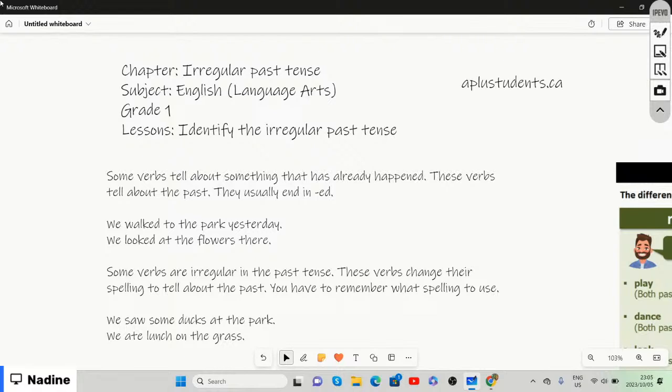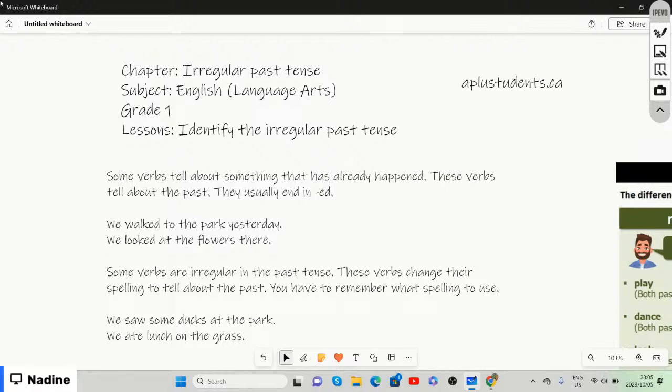And now a continuation of our lesson is irregular past tense. Usually with regular past tense, we just add ed to a word to show that it's in the past. It happened already.